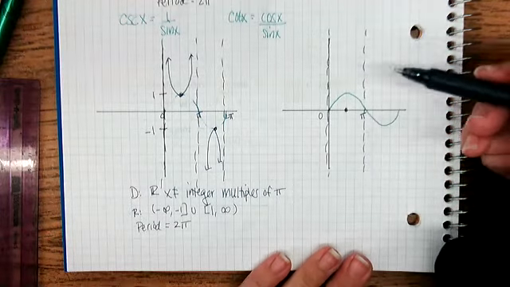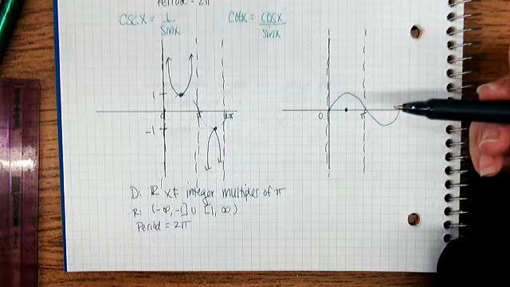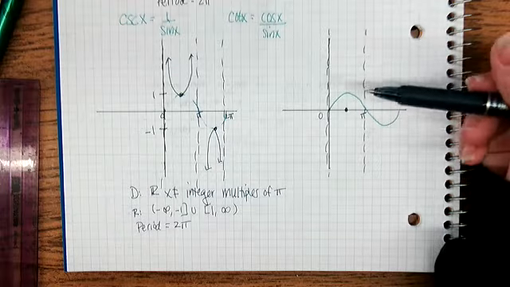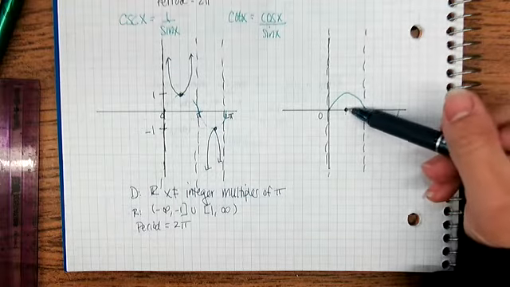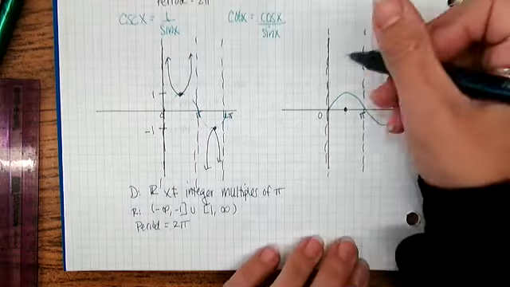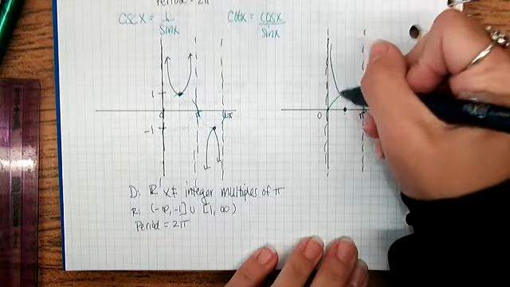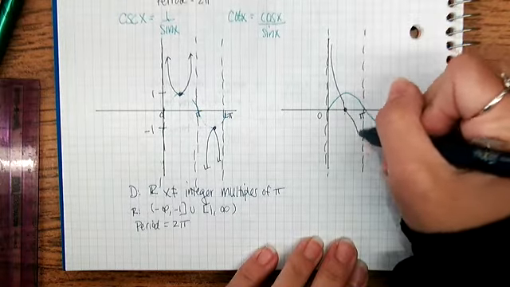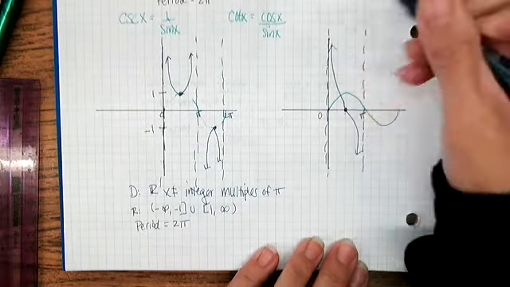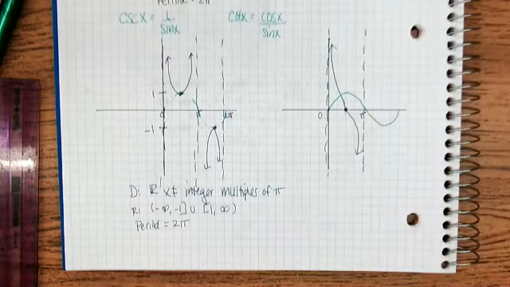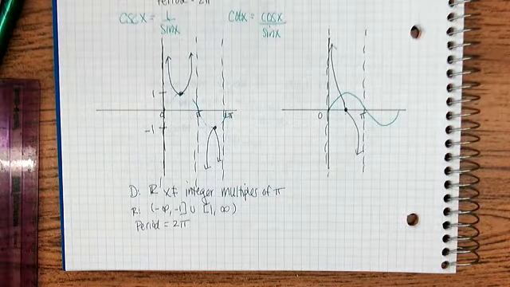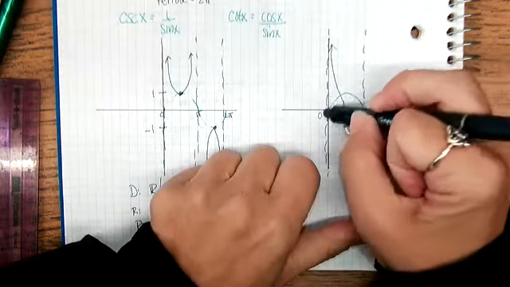If the cosine is 0, the cotangent is 0. That's 0 right here. This is the reciprocal of the tangent. So it looks like a negative x cubed function. It mirrors x cubed.